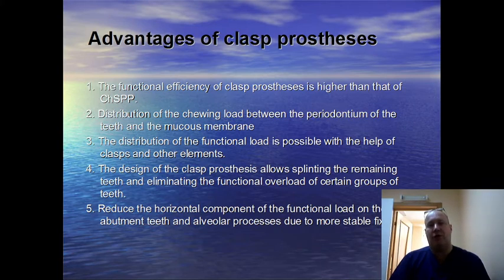The distribution of the functional load is possible with the help of clasps and other elements. Fourth, the design of the clasp prostheses allows splinting the remaining teeth and eliminating the functional overload of certain groups of teeth. Reduce the horizontal component of the functional load of the abutment teeth and alveolar processes due to the more stable fixation.